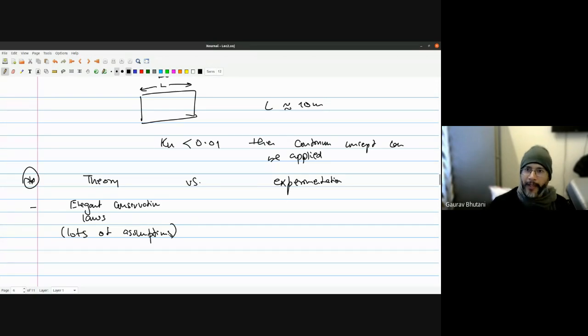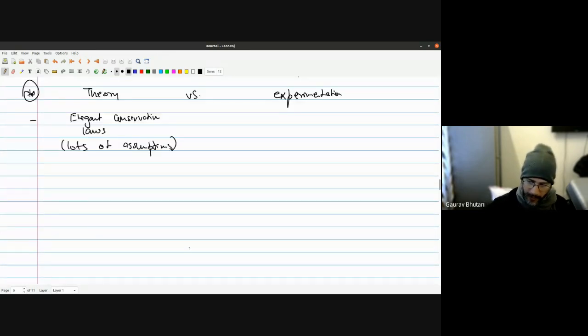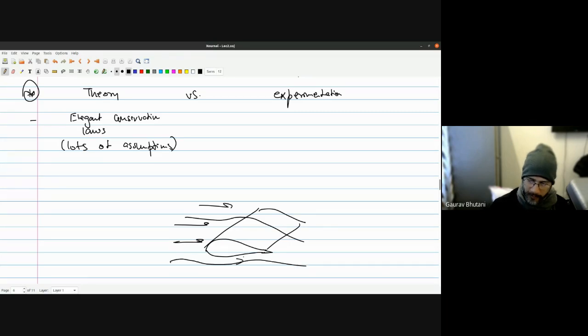Whereas on the experimentation side, let's take an example here of an aerofoil. So you have an aerofoil, and the flow is happening over it. This is the wing of an aeroplane, and the flow happens past a wing. So the flow goes like this, and then below it, it goes like this.